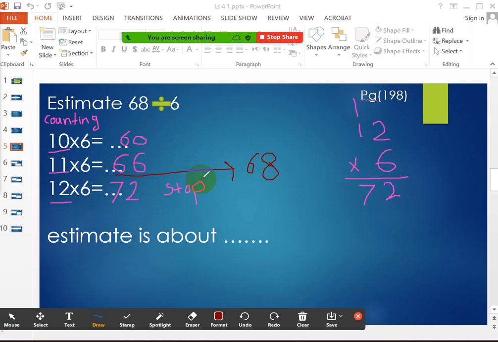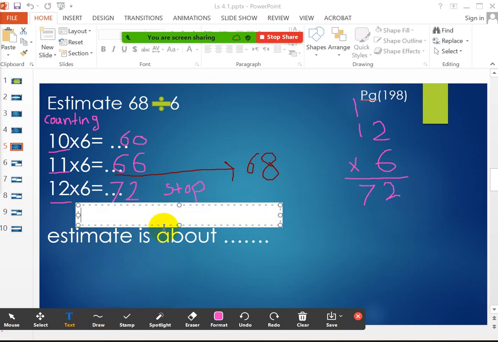So that's why this number is close to, okay, close 68.